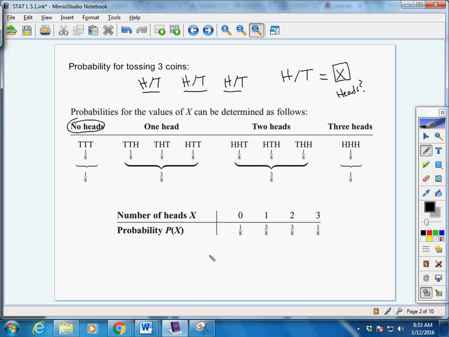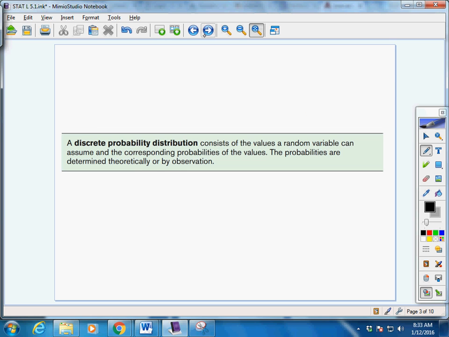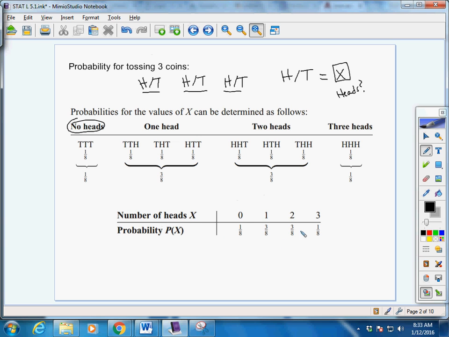So when we're talking about probability distributions, that random variable is what we want to have happen, and we can take our total outcomes and figure out the probability of each thing happening. Before we get to an example, a discrete probability distribution consists of the values a random variable can assume and the corresponding probabilities of the values.